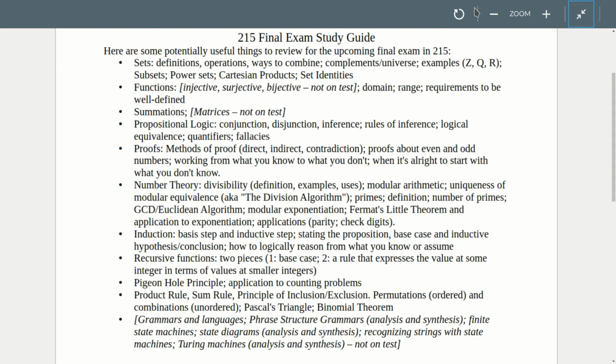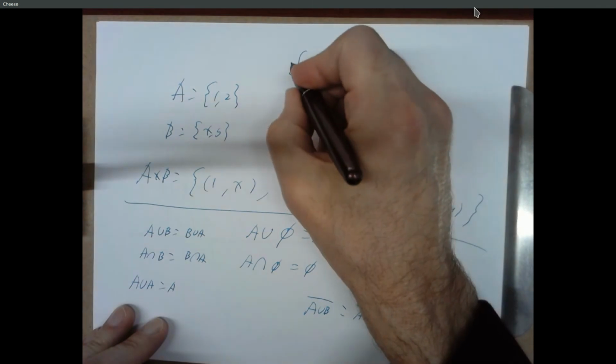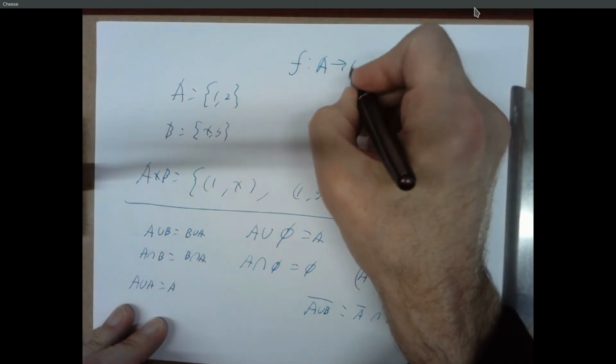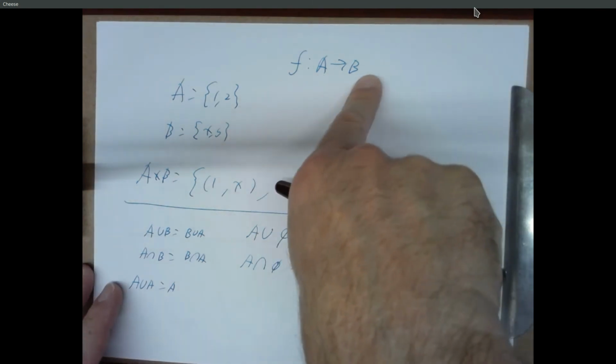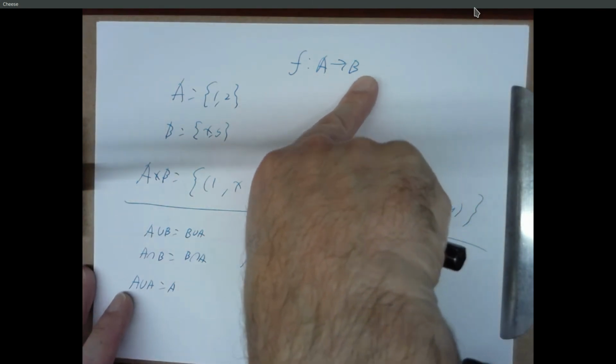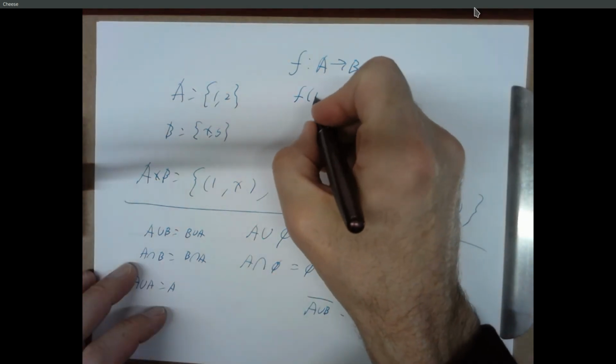All right, functions are basically maps from one set to another set. So if we have a function from A to B, we can write something like f is the function colon A arrow B. And it means for each element in A, f gives us an element in B. And we could define this by simply saying what f of every element in A is.